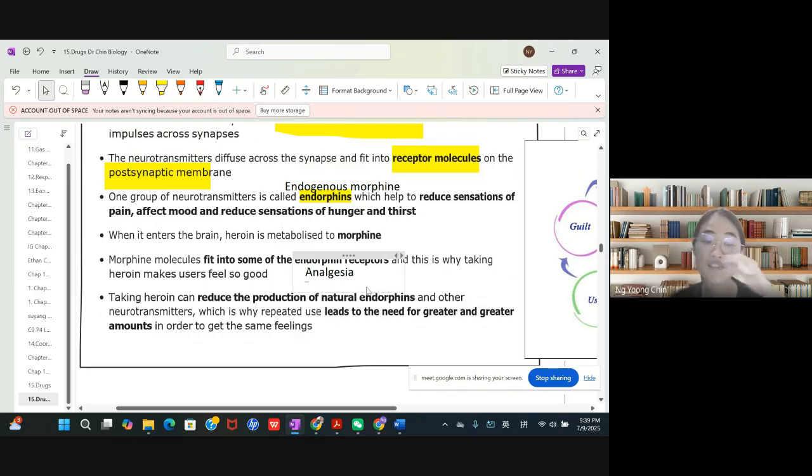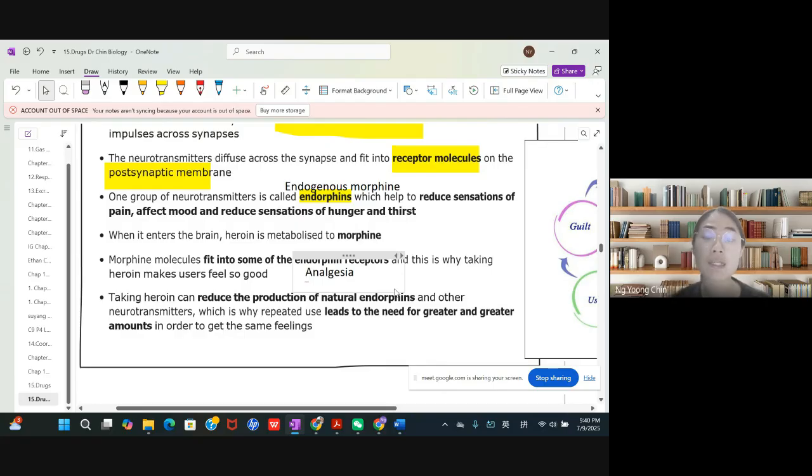Taking heroin, they can reduce the production of natural endorphins and other neurotransmitters. So what happens if you abuse the use of heroin? This heroin can turn into a kind of morphine when it gets into your body. This morphine can imitate endorphin, because morphine can also bind to the endorphin receptor on the postsynaptic neuron. So that's why it would make the patient feel less pain, feel happier.